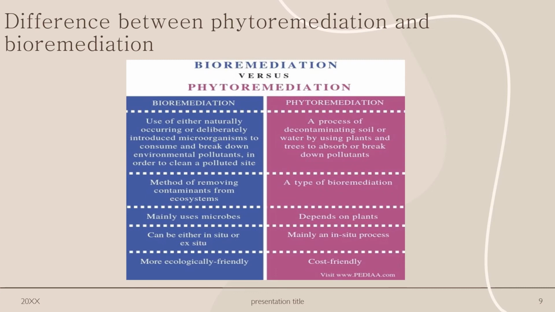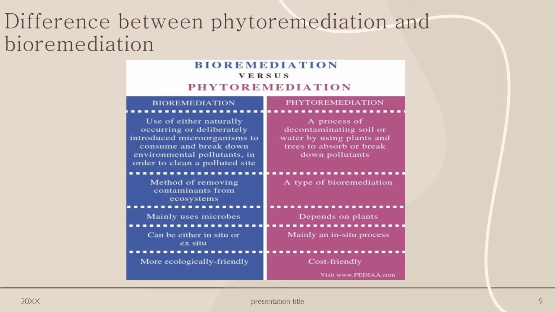Phytoremediation is a process of decontaminating soil or the water, and it makes use of plants and trees in order to absorb or to break down the pollutants.